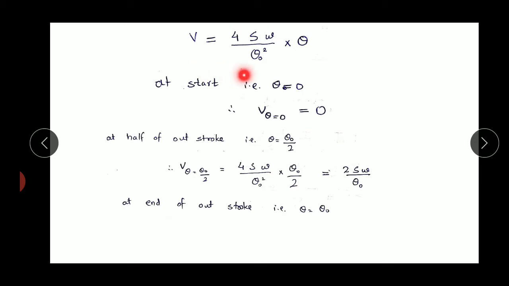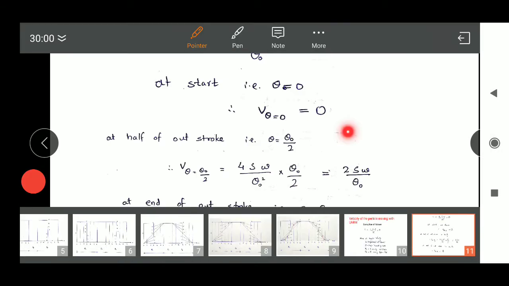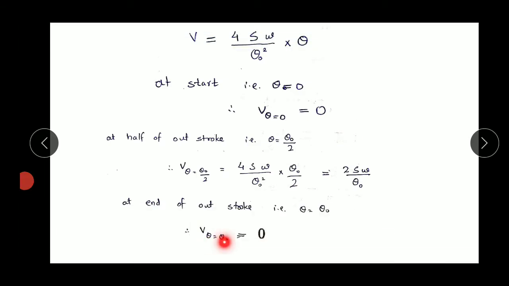Even though from the equation, if we put the value of theta as theta O, we will get a value of velocity, we know that the velocity of the follower at the end of out stroke should be 0. So instead of putting the value of theta O over here, we have to directly put the velocity at the end of out stroke as 0 instead of putting it in the formula. You need to remember this part: at the end of the out stroke, velocity must be 0.